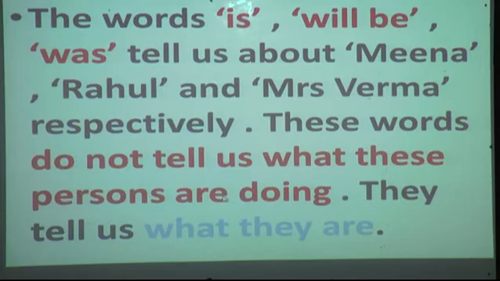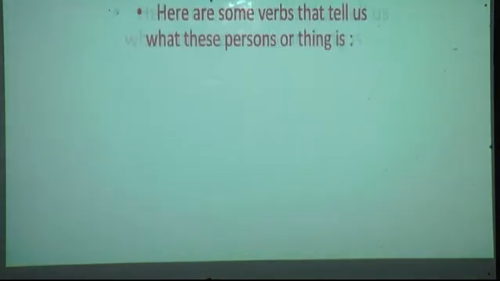They tell us what they are. Understood? So the second thing we are learning is what a person, animal or thing is. This second point tells us what a person is.